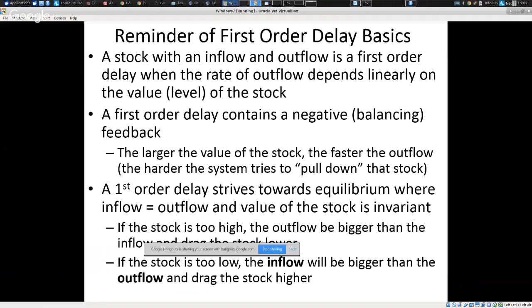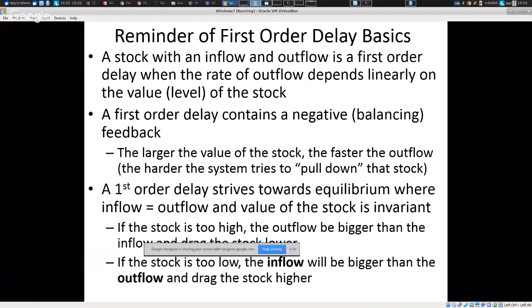So if the stock is above its equilibrium, the outflow will be above its equilibrium. After all, they're equal at the equilibrium. So the outflow will be bigger than the inflow, and what will happen as a result? Stock will go down. So if you have that stock and you knock it well above its equilibrium, it will want to go back to that equilibrium.